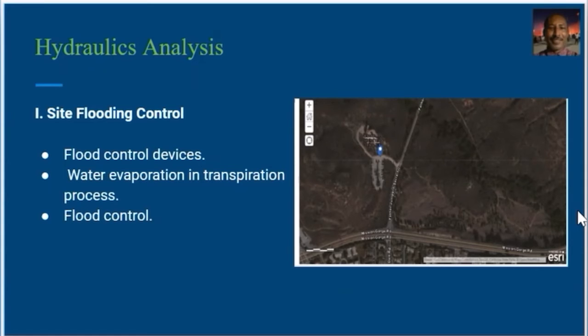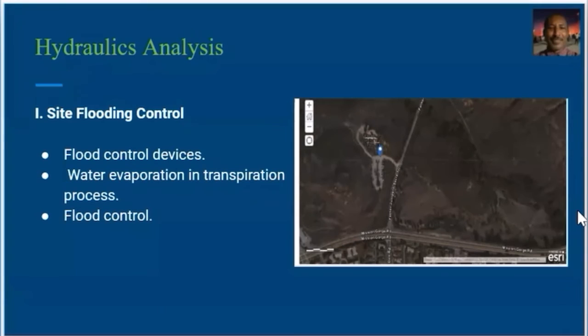During the rise in temperature, some water will evaporate into the environment, which needs to be accounted for during sizing of flood control structures. The amount of water evaporated in the transpiration process is relatively small, and may not be accounted for generally in planning of flood control unless it is specifically asked for.